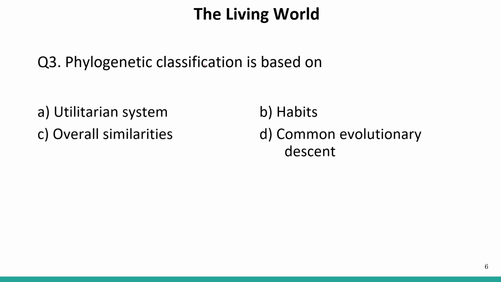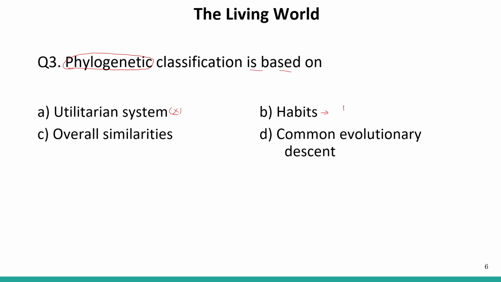The next question is phylogenetic classification. You can circle this. Phylogenetic, they are asking. They're not talking about the classification alone. So phylogenetic classification is based on, first, utilitarian system, which is not correct. Second is habits.